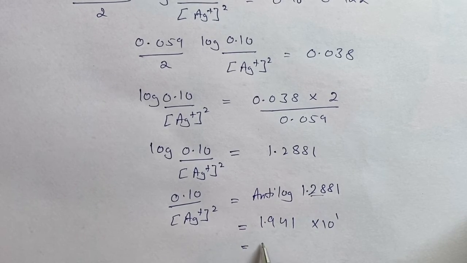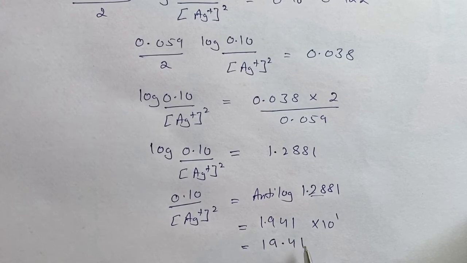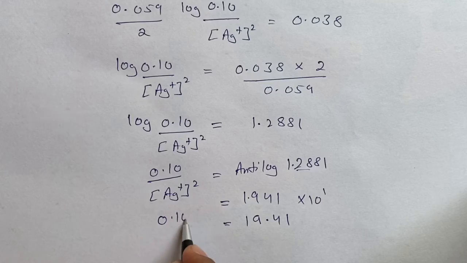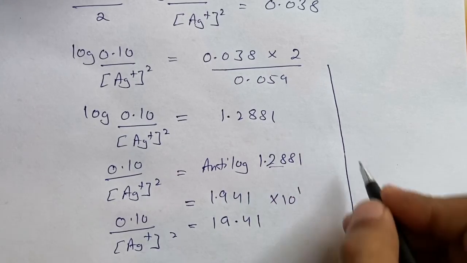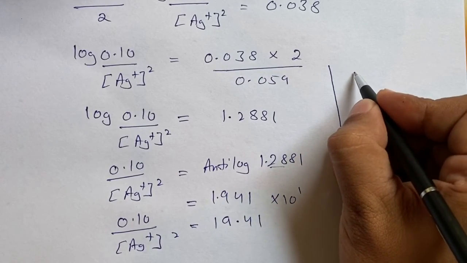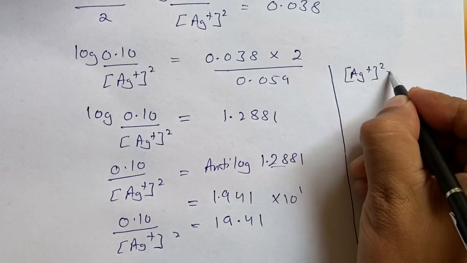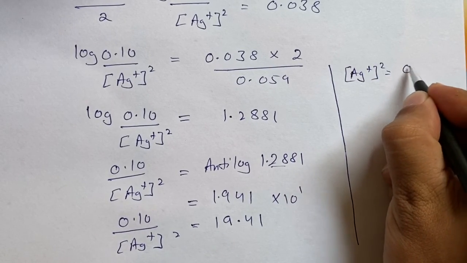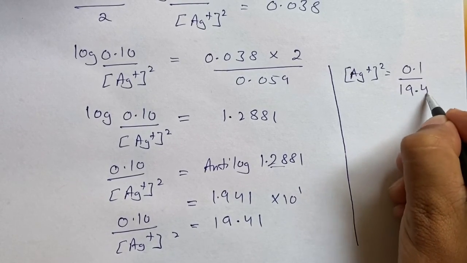Now solving it, 10 raised to power 1, it will be 19.41. Solving further, [Ag+] power 2 equals 0.1 divided by 19.41.